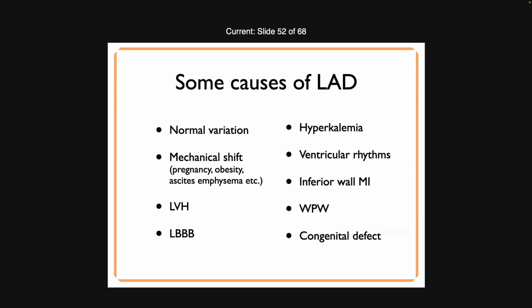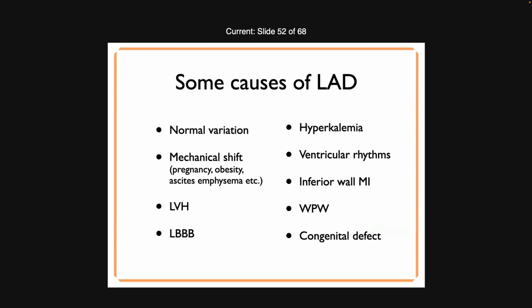Even if you don't know exactly, from the terms, what does it mean? Yeah, so the left ventricle grows, there's more tissue mass, and if there's more tissue mass on the left side, there's more electrical activity on the left side, and this will shift the whole axis towards the left. Left bundle branch block, we want to talk about that now.